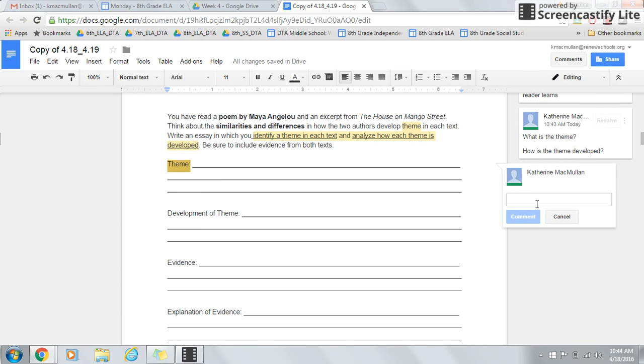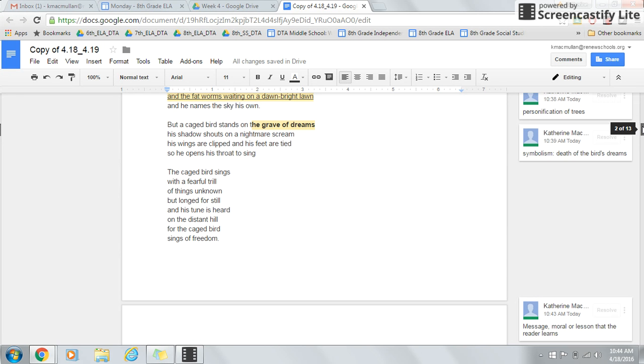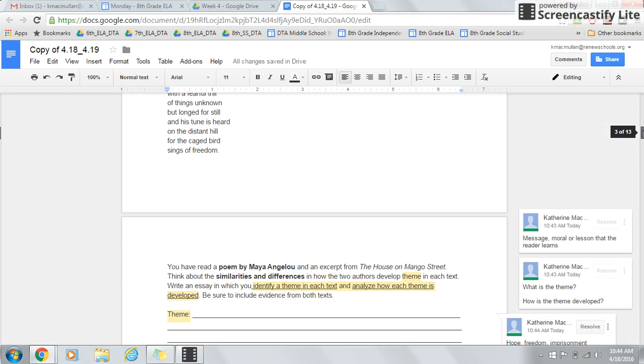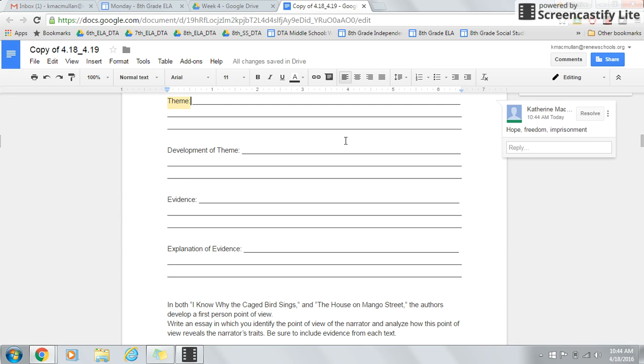We need to think about what Maya Angelou is saying about hope, freedom, and imprisonment. Your theme should not just be those words, but something like, you need to hold on to hope, or freedom makes you take advantage of what you have. You want to think about what is a larger idea about theme.